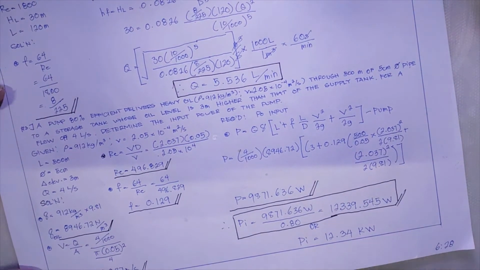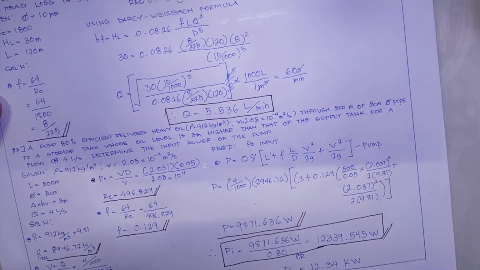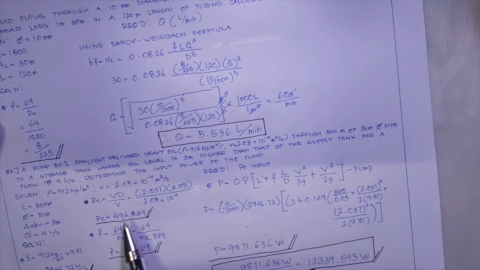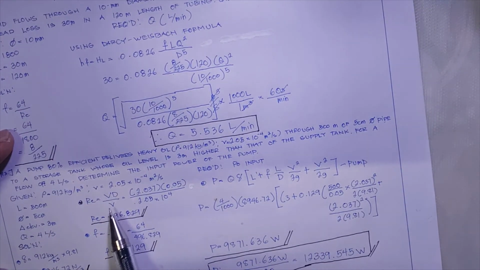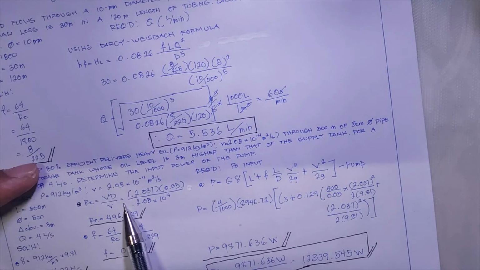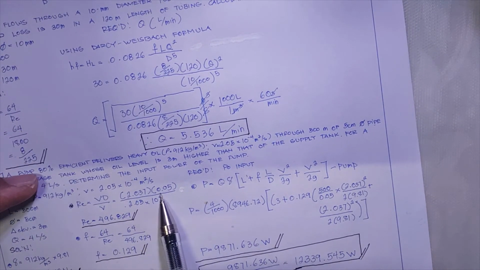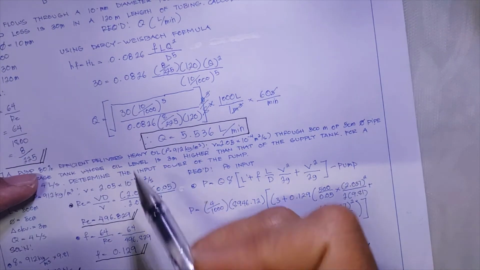Then after getting the value of the velocity, we will now substitute this value into the formula of Re. So the Reynolds number is equal to the velocity times the diameter over the kinematic viscosity. Substituting the values again, 2.037 multiplied by 0.05 over 2.05 times 10 raised to negative 4.